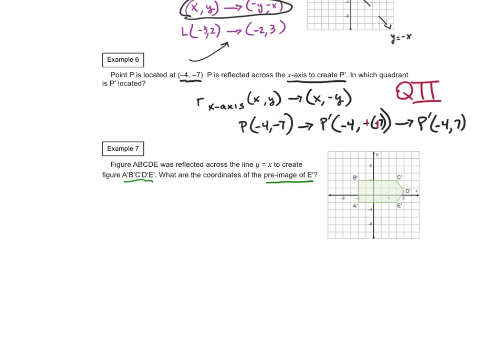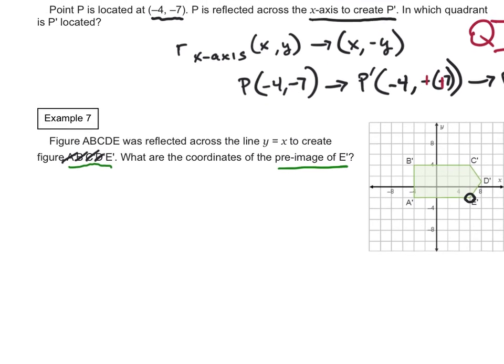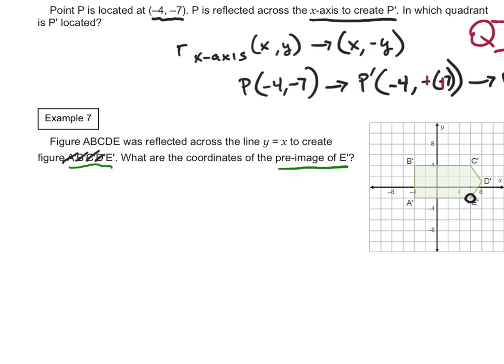They are not asking me about A, B, C, D. They're asking me about E. So if I'm just going to focus on E, which is right here, it looks like X is 6. So E prime is going to be 6, negative 2.